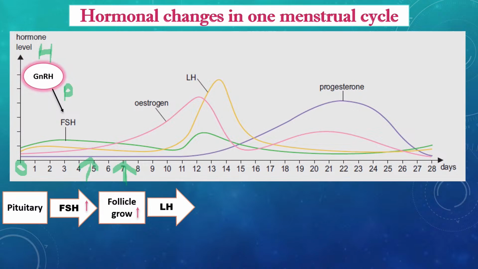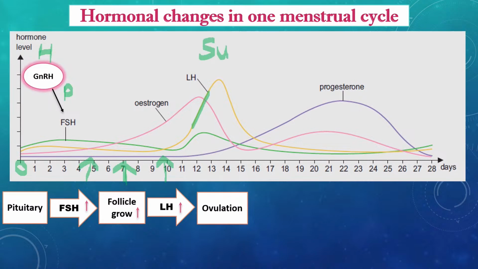So FSH increases, the follicle grows bigger, and LH also increases. So look at the relationship. Now that will trigger ovulation. As LH is increasing, we call this the LH surge.